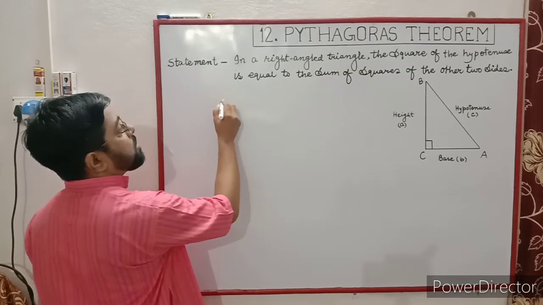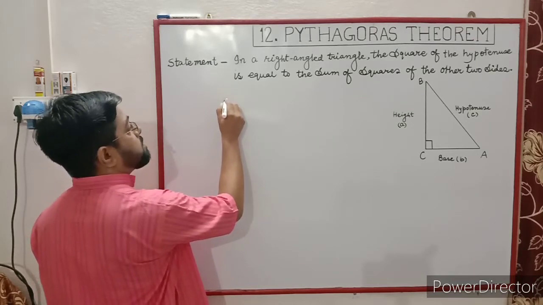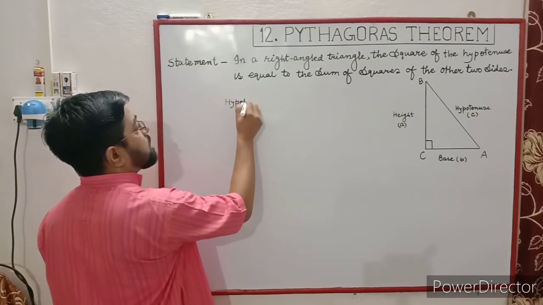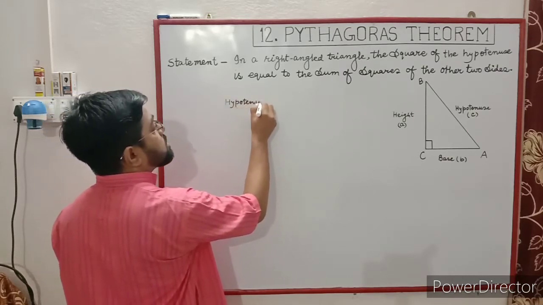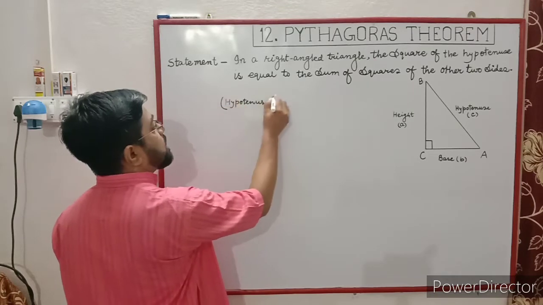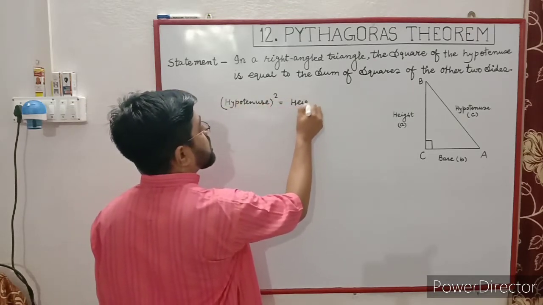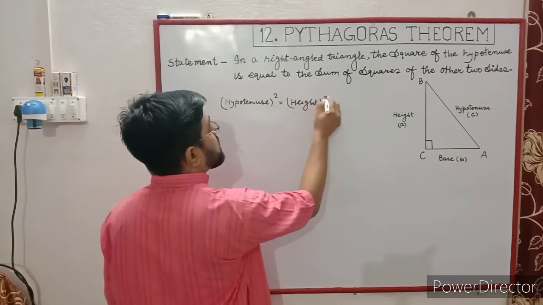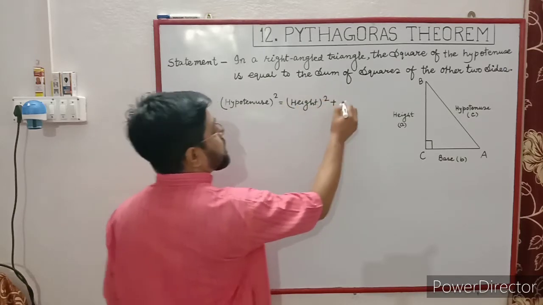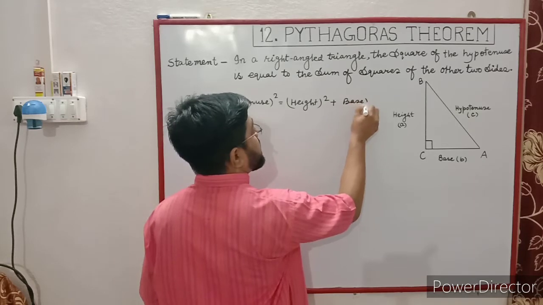according to the statement of Pythagoras theorem, hypotenuse square is equal to height square plus base square.